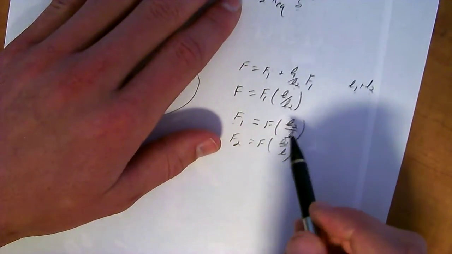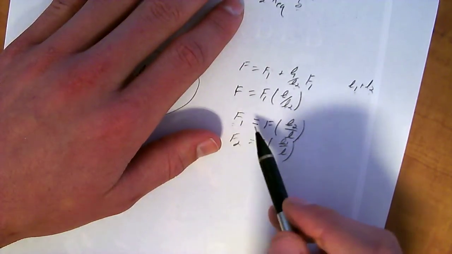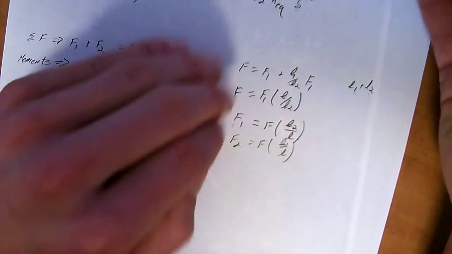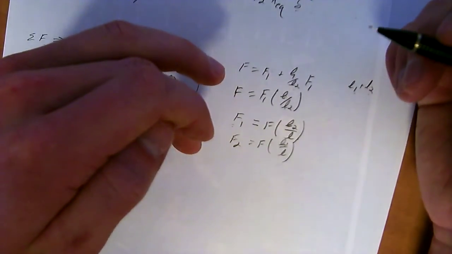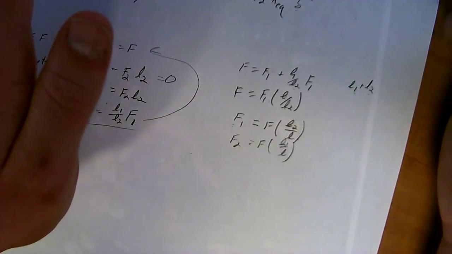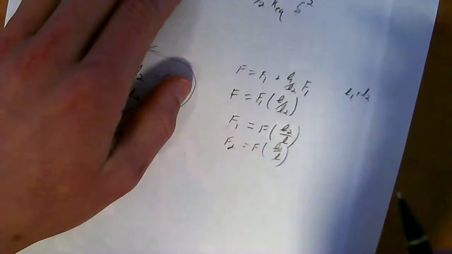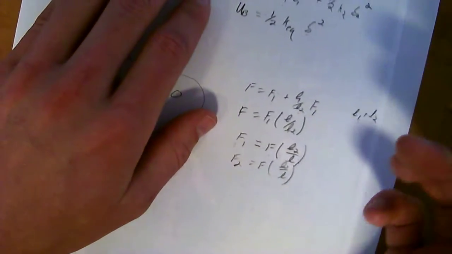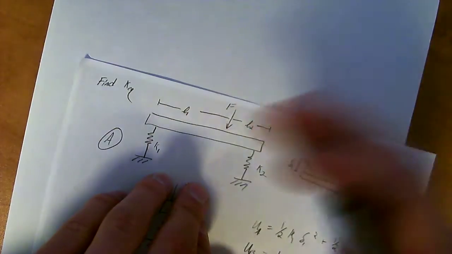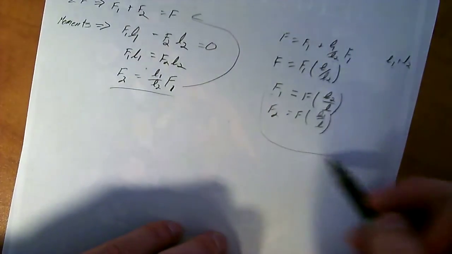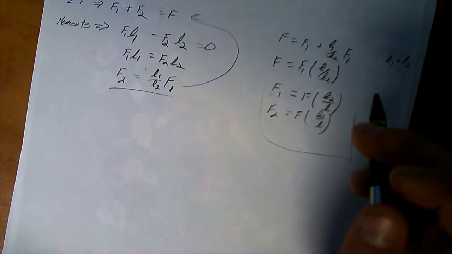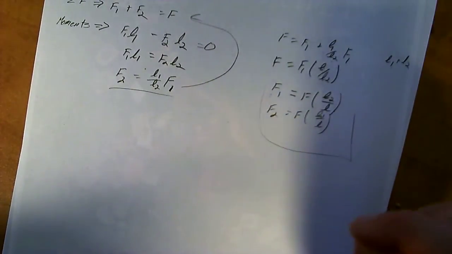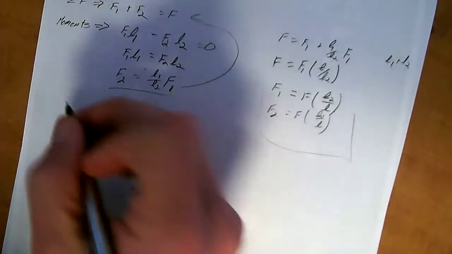So basically, you're subtracting off this piece within that ratio, and vice versa. If you like to memorize stuff, just remember that the force is going to be the length of the opposite side of the force being applied over the total length, times the force being applied. So anything on the other side over total length times the force being applied. Okay, so that's our two force equations.